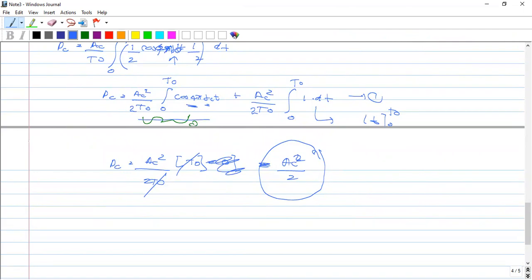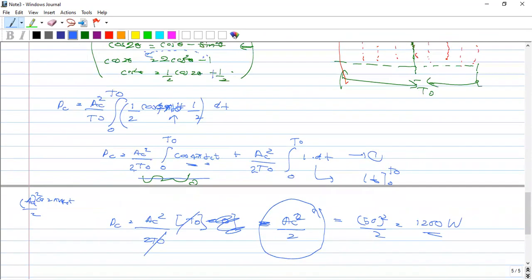For a sinusoidal signal Ac cos 2πfct, the power is the amplitude squared divided by 2. So the carrier power Pc we can easily find: 50 squared by 2, that is 1250 watt. That is the carrier power.